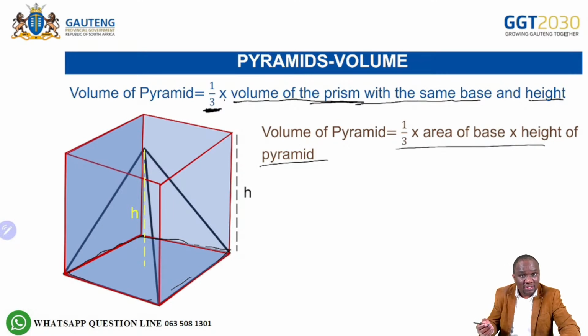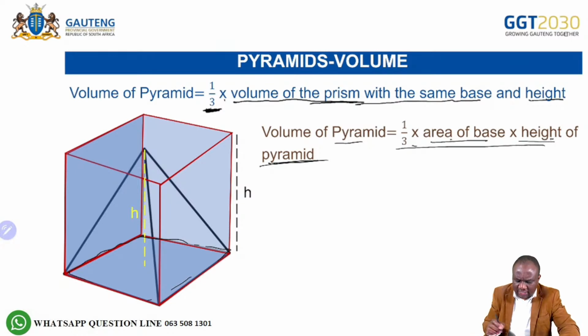Remember, area of base times height is the volume of the prism. And then the volume of the pyramid is 1/3 times volume of that prism. Okay? So volume of the pyramid is 1/3 times area of the base times height of the pyramid.